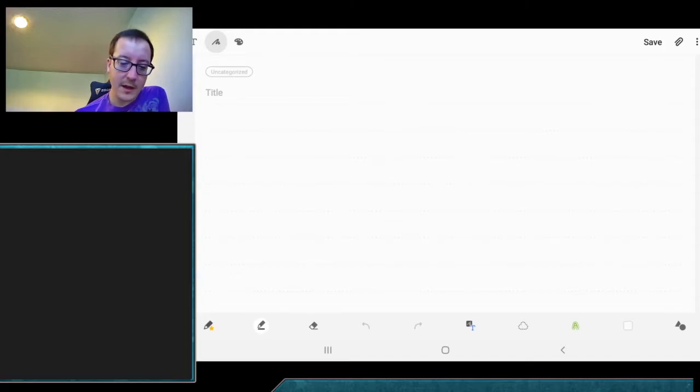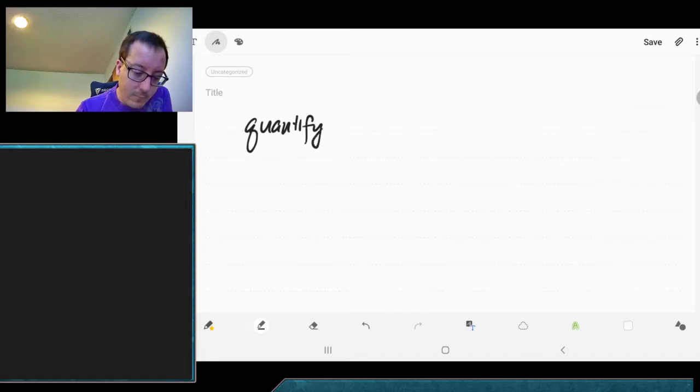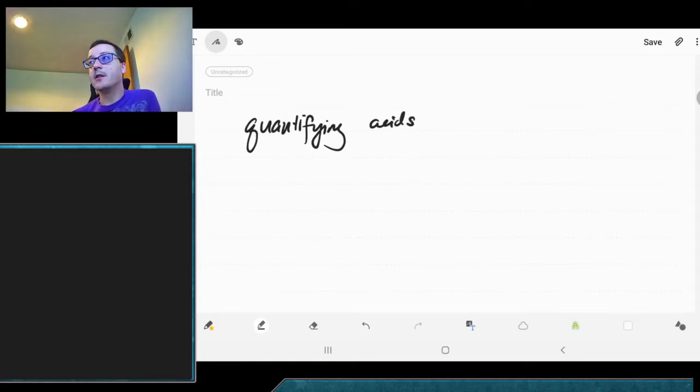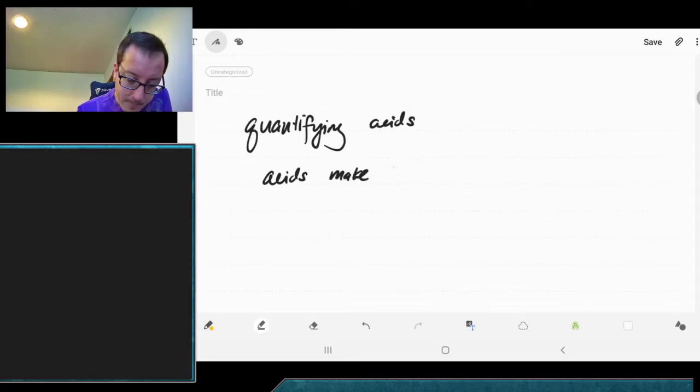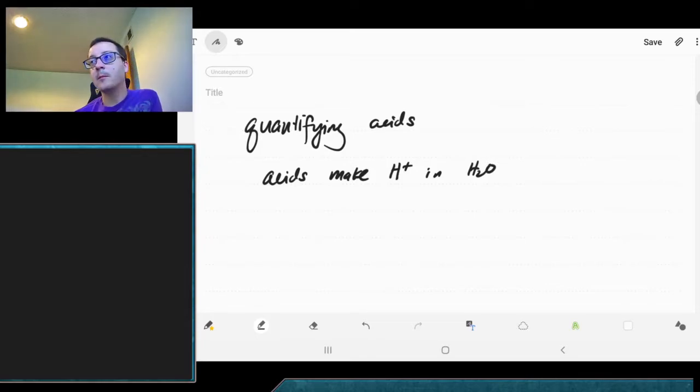So today then, let's go ahead and talk about quantifying acids. We know that according to our Arrhenius definition, at least, acids produce H plus in solution, right? In water specifically.